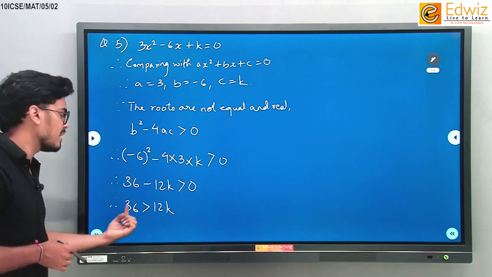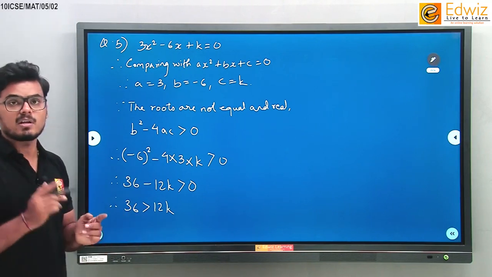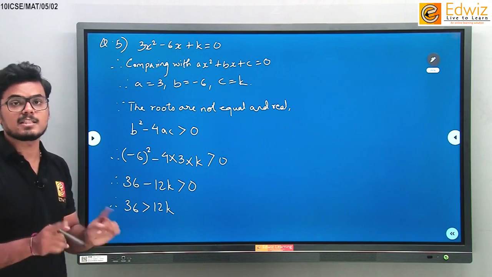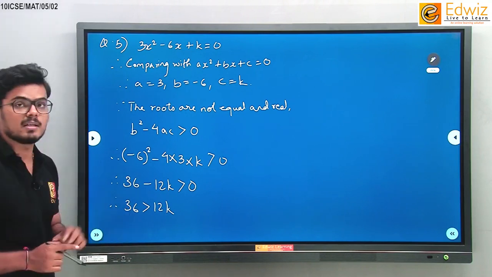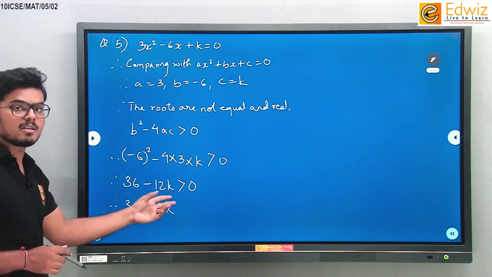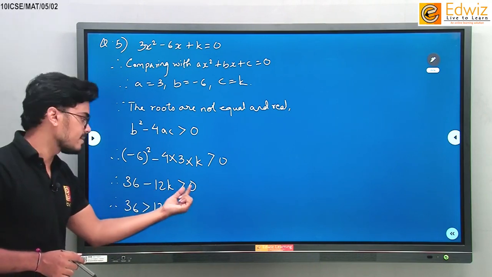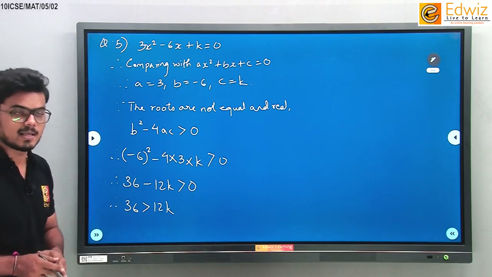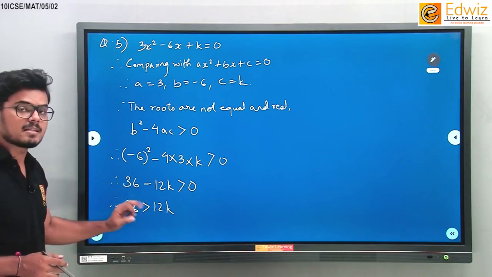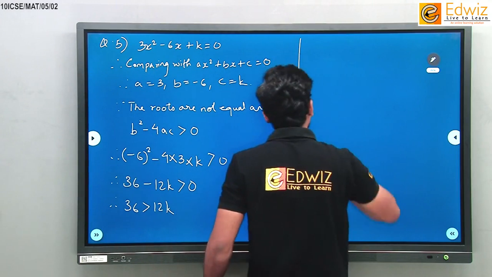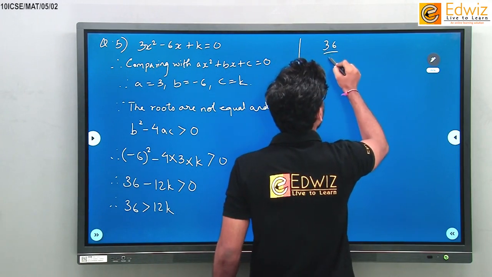If we multiply or divide both sides by a negative number, the inequality changes. But we are just adding 12k on both sides. So 12k got cancelled here. On the other side, 0 plus 12k became 12k. The value of k will be less than 36 divided by 12.